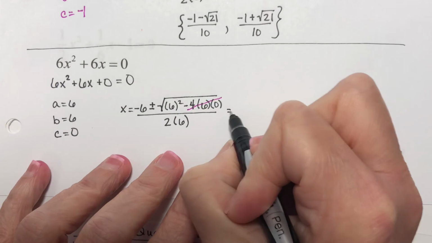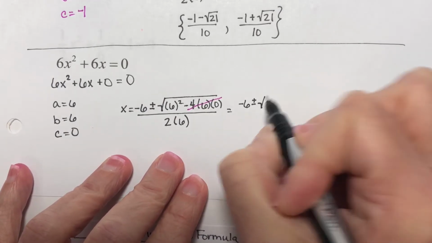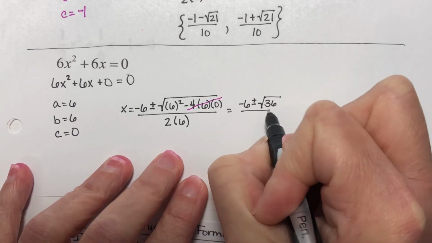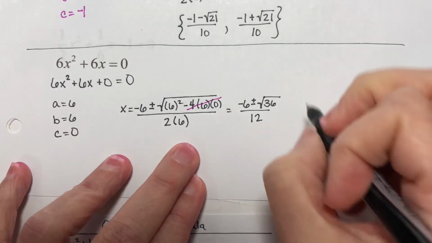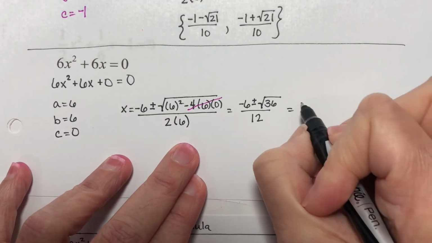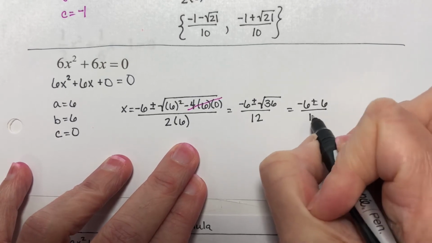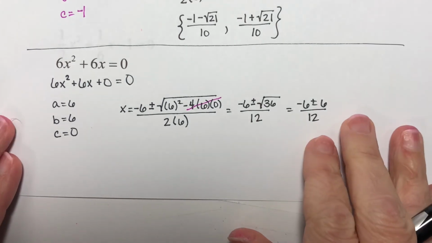So what I have here is negative 6 plus or minus the square root of 6 squared, which is 36, and this will be over 12. The square root of 36 is 6. So I have negative 6 plus or minus 6 over 12.